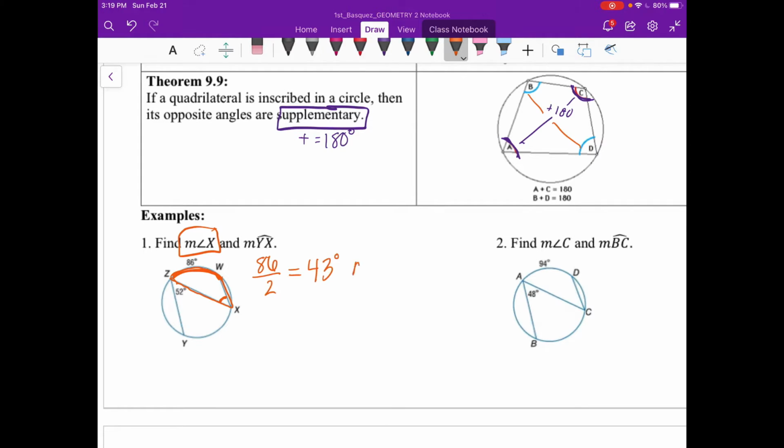And this is the measure of angle X. Then if I am solving for arc YX, that's right here. And this arc is going to be double the inscribed angle. So I'm going to take the 52 and multiply it by 2. And that's going to give me 104. And that is the measure of arc YX. Okay, so those are my two answers for that first example.